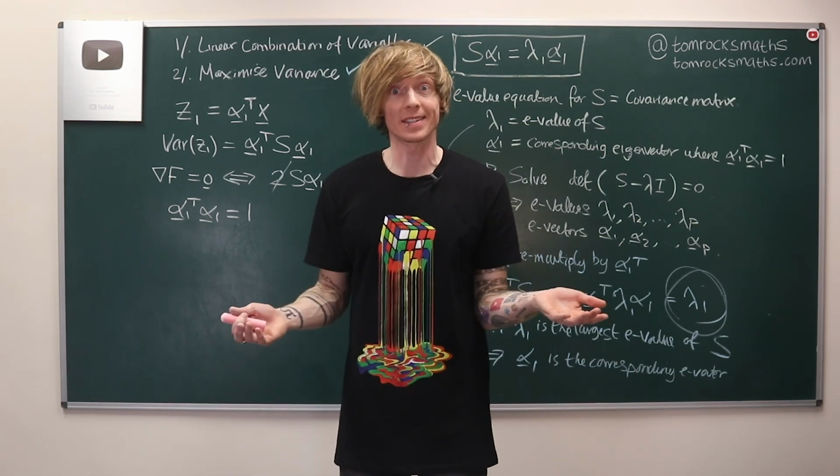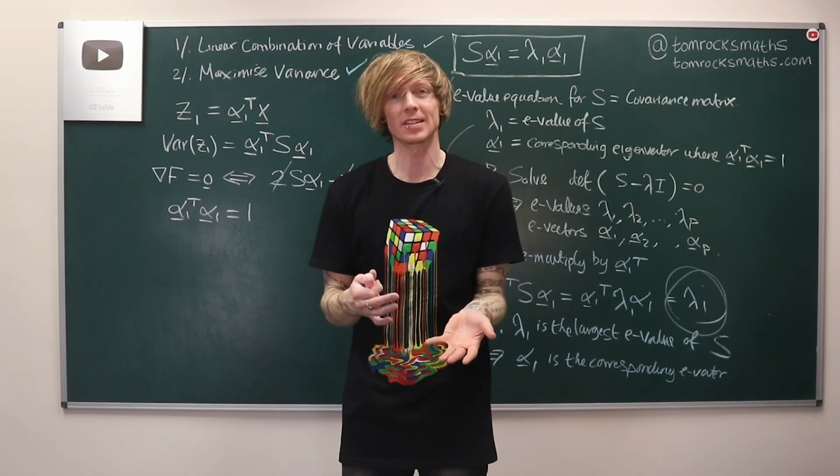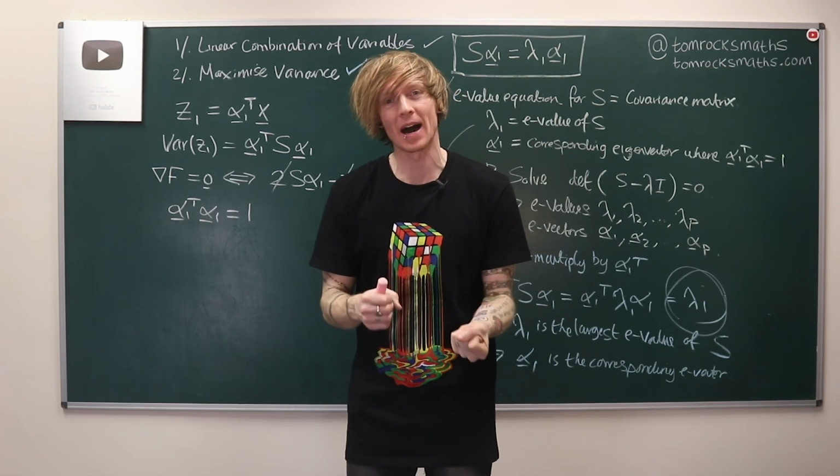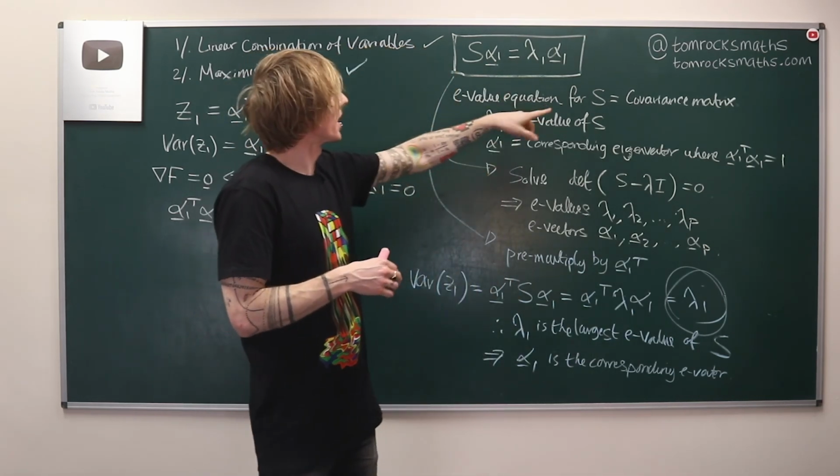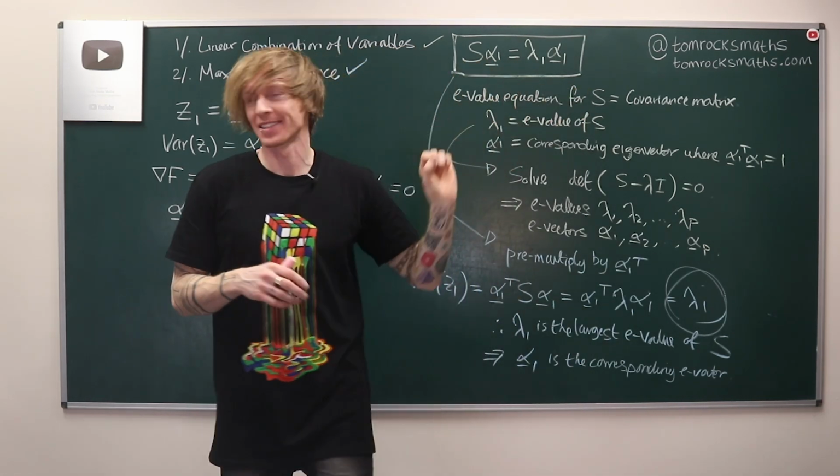So to summarize, the principal components are actually just given by the eigenvectors of the covariance matrix S.